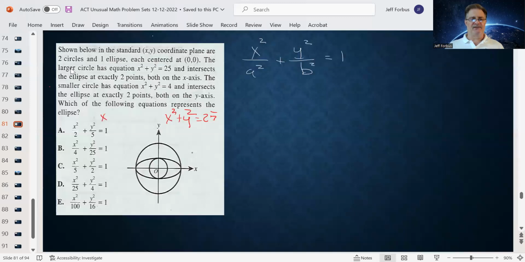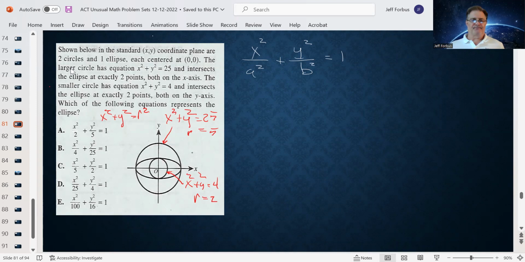So that's actually x squared plus y squared is equal to r squared. So the radius here is 5. Now that's for the large circle. So I'm going to put an arrow to that. Now the small circle, they say the equation is x squared plus y squared is equal to 4. So therefore the radius is 2.